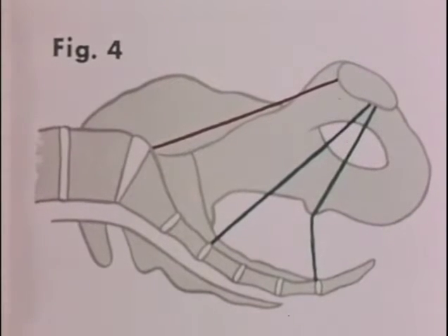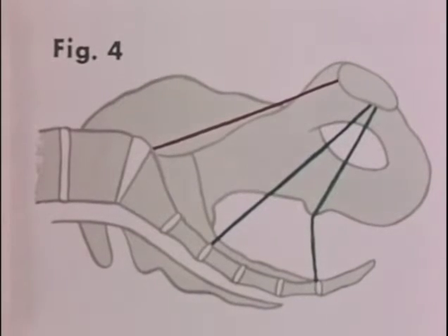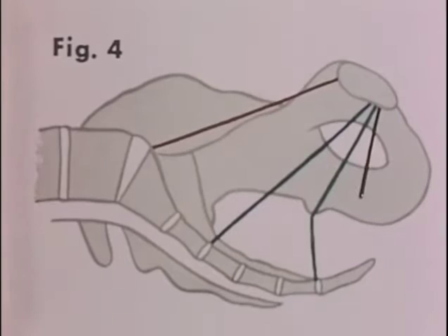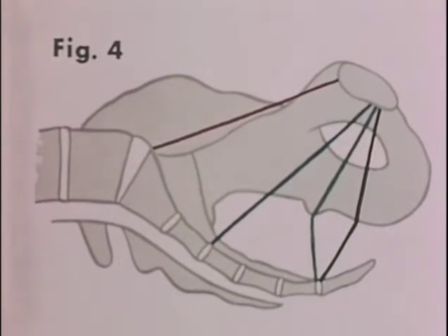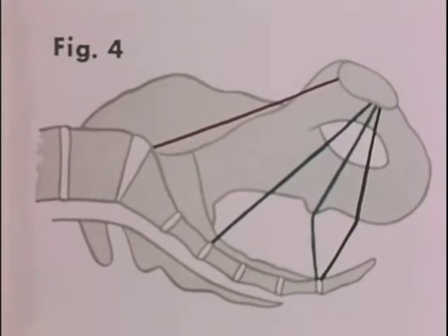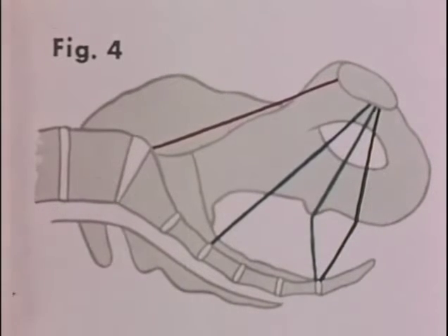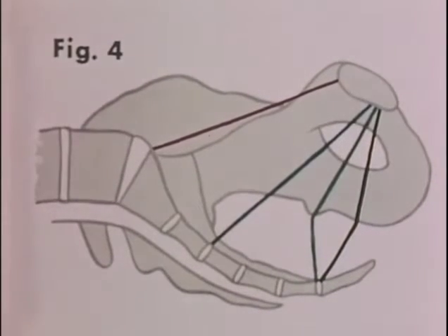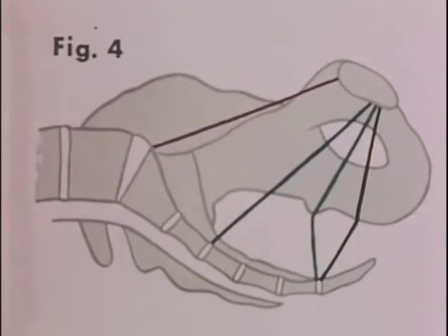And 4, the plane of the outlet, or the low plane, is represented by the black line, which extends from the lower inner margin of the symphysis anteriorly to the sacrococcygeal joint posteriorly and laterally is bounded by the tuberosities of the ischium.